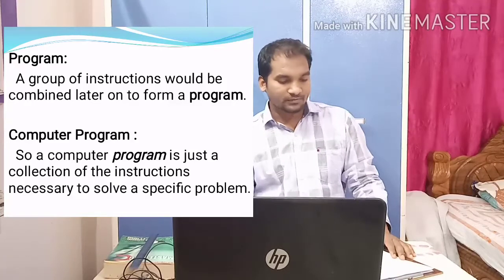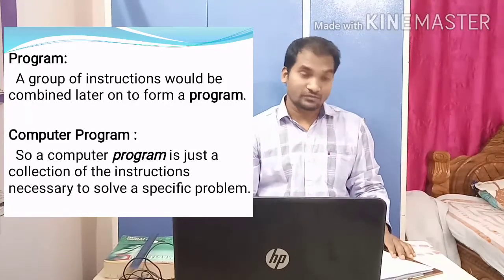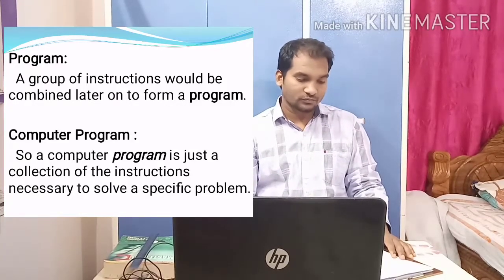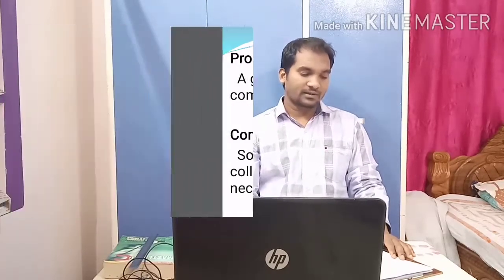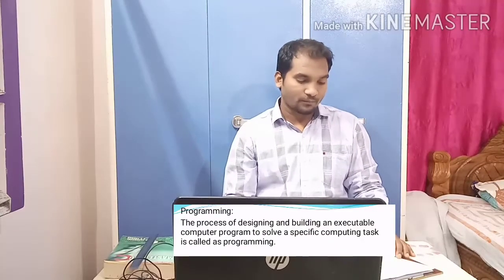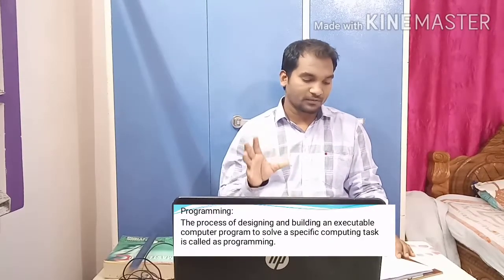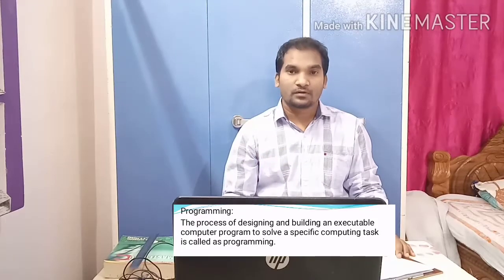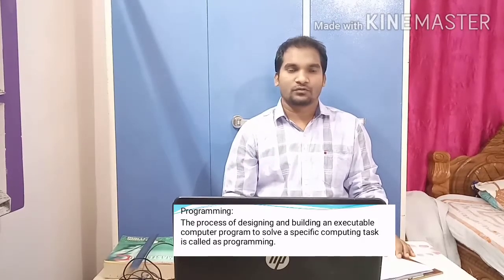A computer program is just a collection of the instructions necessary to solve a specific problem that can be executed by a computer. Okay, so what is programming? The process of designing and building an executable computer program for solving a specific computing task is known as computer programming. So C is one of them, and we have many more like Java, C++, Ruby, COBOL, so many programming languages we have.